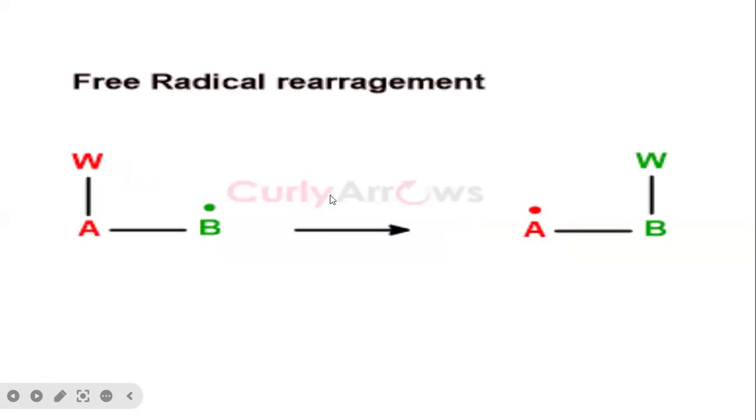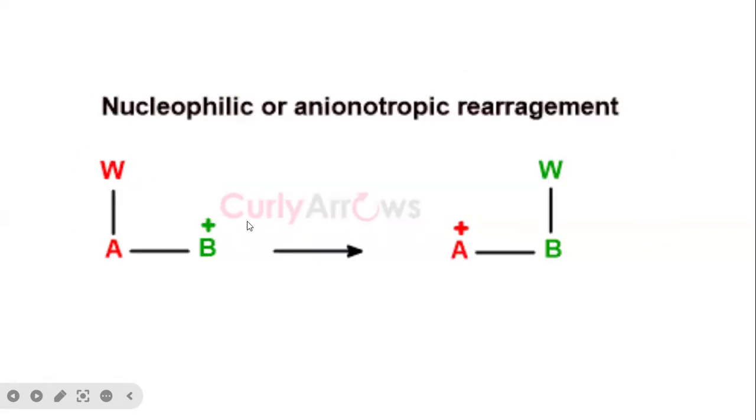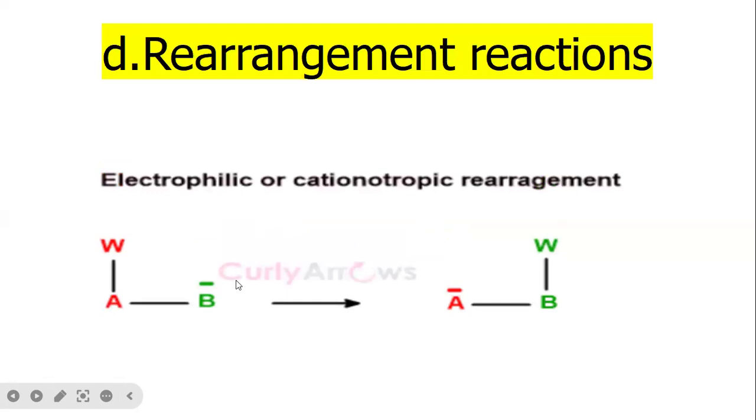There may also be free radical rearrangement. In this free radical rearrangement, the free radical is on this B atom, and it may also be on the A atom. Similarly, the cation and anion of the atom may exchange.